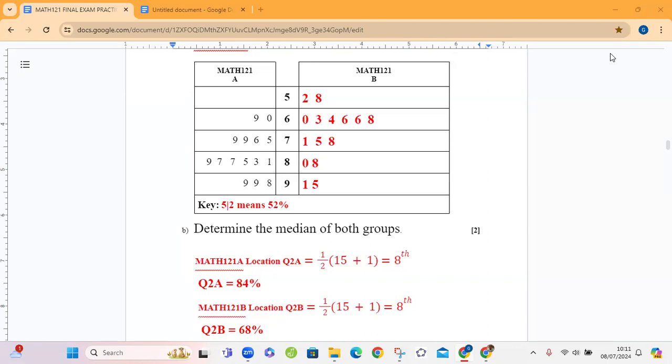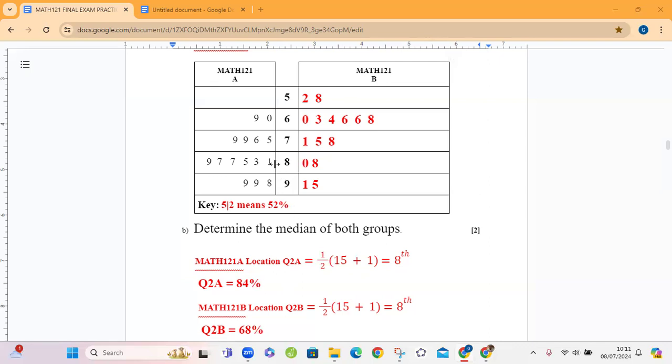That's the location for the median. N is 15, so you have here a half times 15 plus 1. So we're looking for the 8th value for both groups, because 15 plus 1 is 16, and half of 16 is 8.